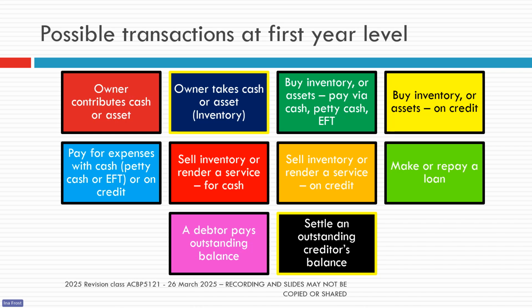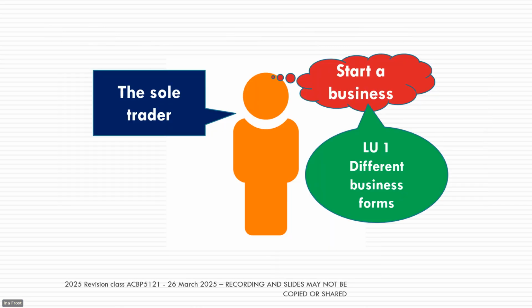When you do your textbook questions, you will be able to identify these 10 basic types of transactions. So in our session this morning, I want to make sure you're comfortable with this basic set of transactions and how they impact our accounting equation and also the general ledger.